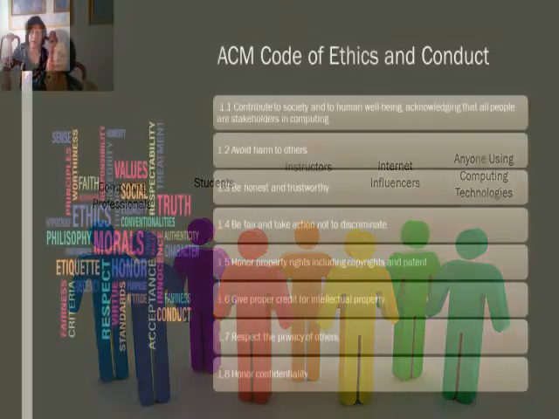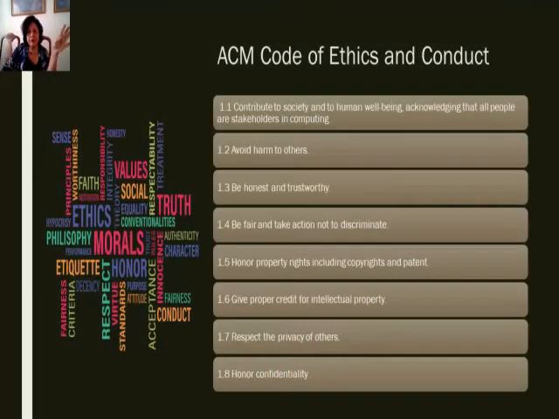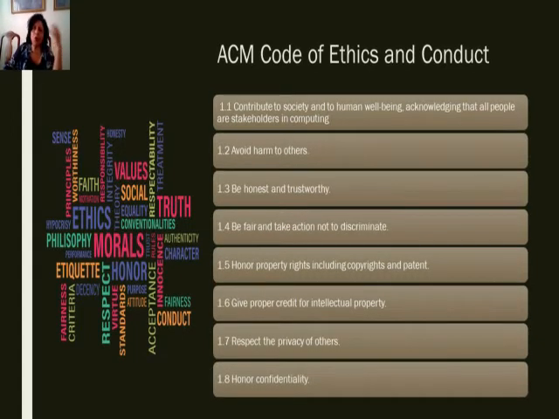The Code of Ethics is divided into 4 sections, and the first section comprises general ethical principles, which state that a computing professional should contribute to human well-being, acknowledging that all people are stakeholders in computing, avoiding harm to others, being honest and trustworthy, being fair, and taking action against discrimination, respecting the work required to produce new ideas and inventions.